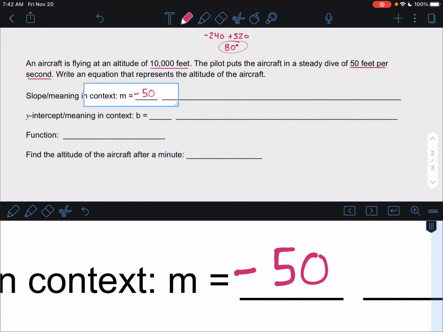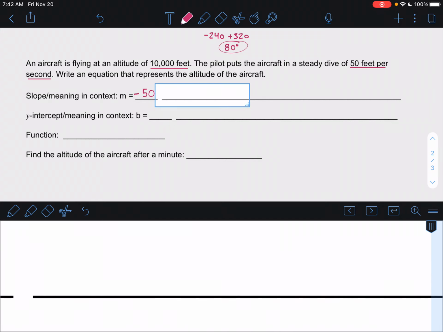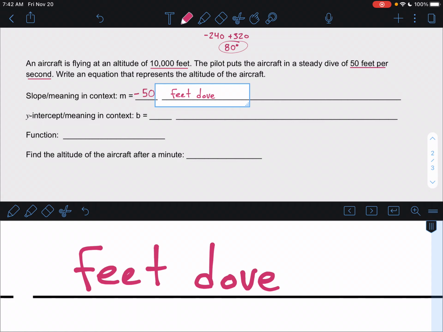Therefore, he is losing 50 feet per second. He's going down 50 feet per second. So the meaning in context is feet dove, I guess that would be the proper word, feet dove per second.